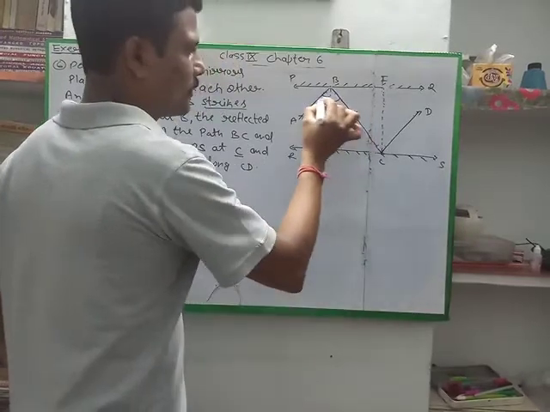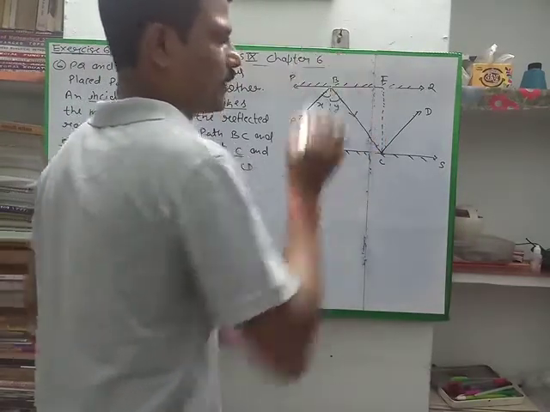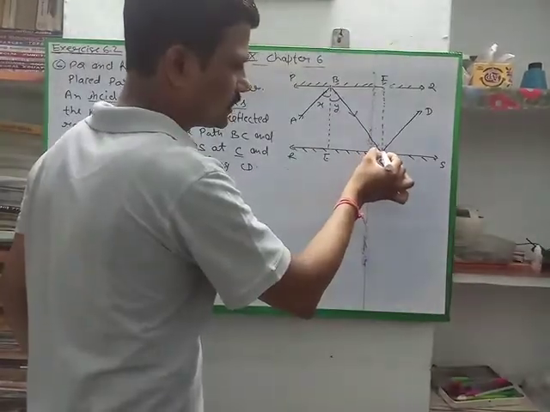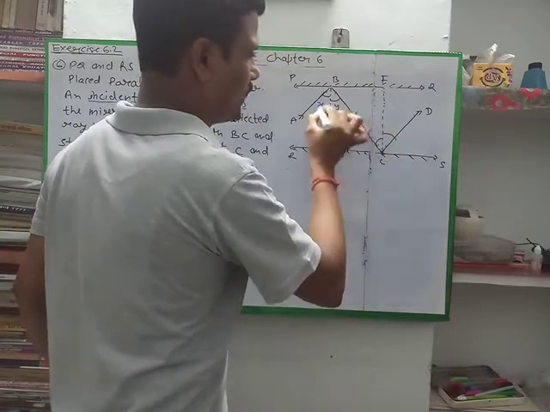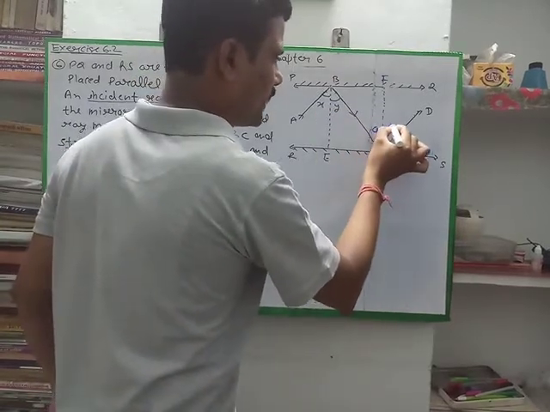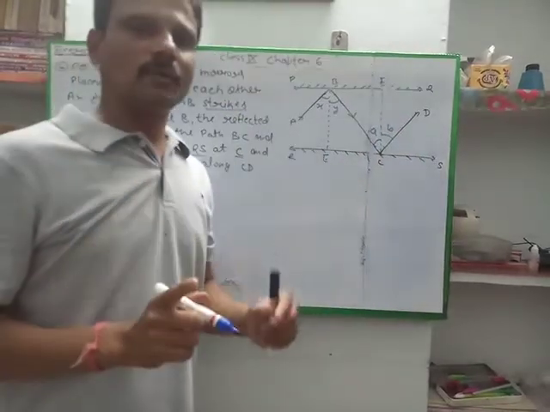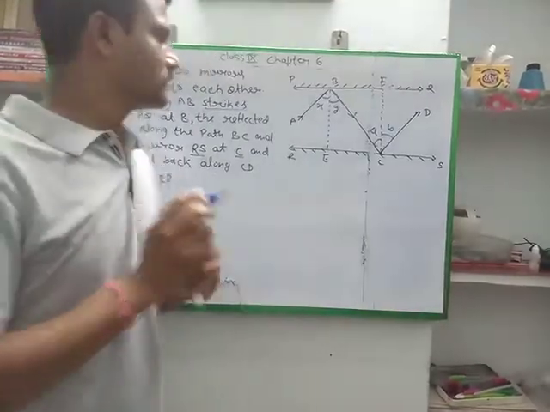So you can name this angle X and this angle Y. Again, this is the incident ray, so this angle will be equal to this angle. X, Y, you can write down here A and B. Reflected angle is equal to incident angle. This is the law of reflection.